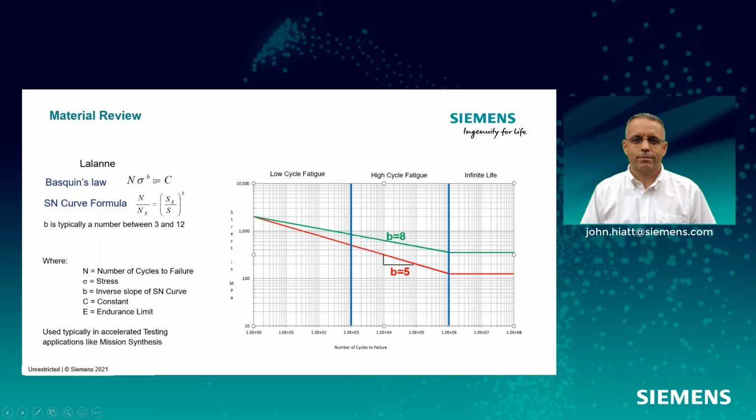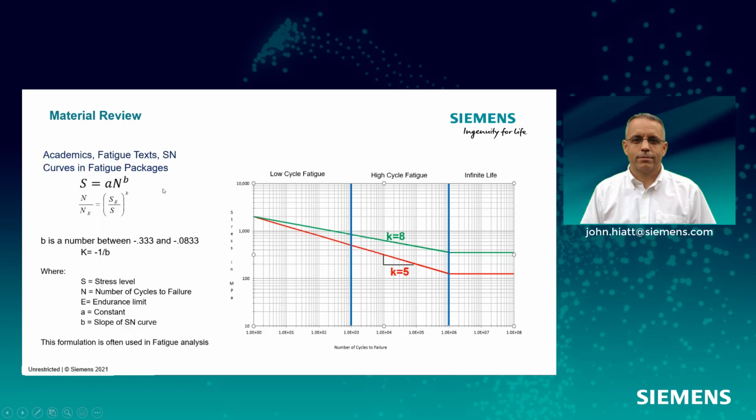The durability vendors that I see a lot have both formulations. They have this formulation for mission synthesis or accelerated testing, and then one of the vendors uses B and we use K. So I just want to clarify that.